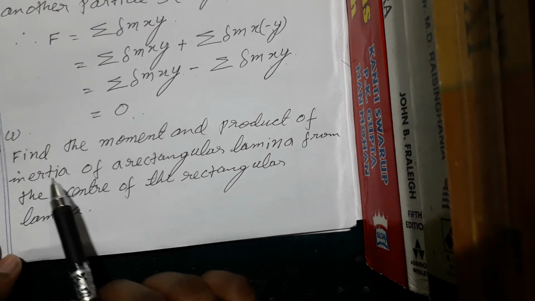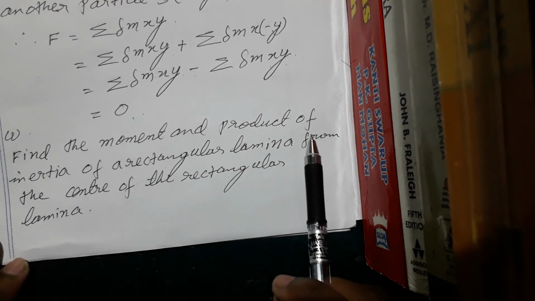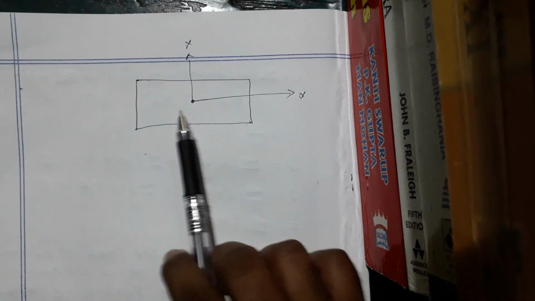I've given you one homework, so please do this homework. That is to find the moment and the product of inertia of a rectangular lamina about the center of the rectangular lamina. The diagram will be somewhat like this, and the axes will be passing through the center.